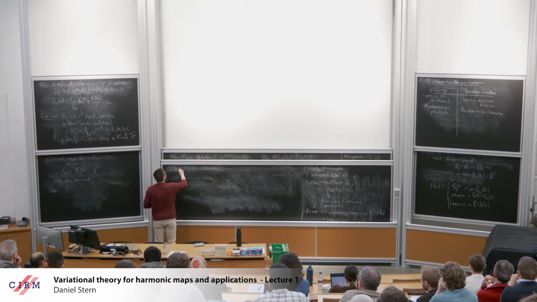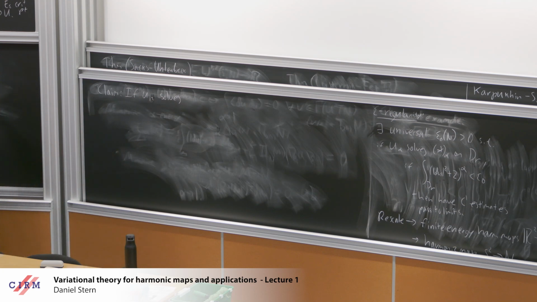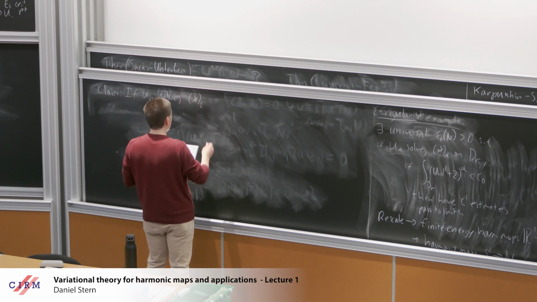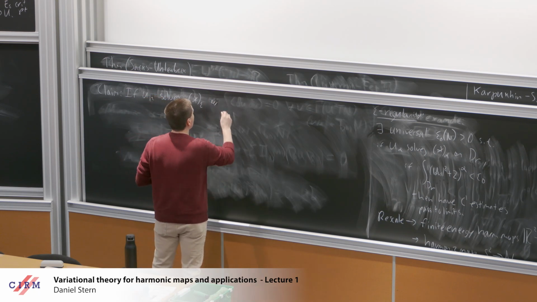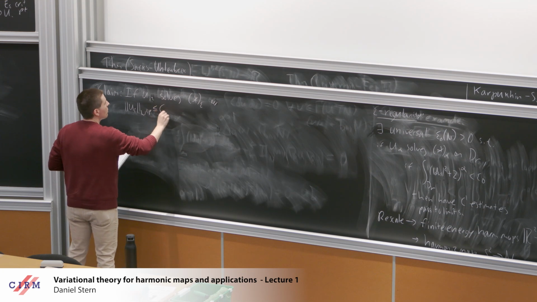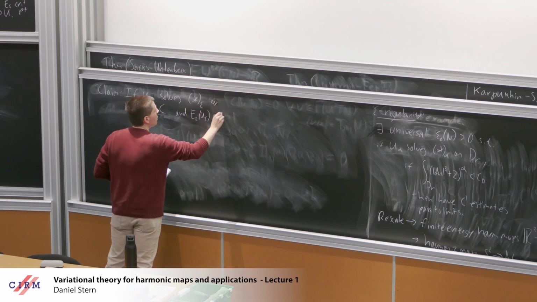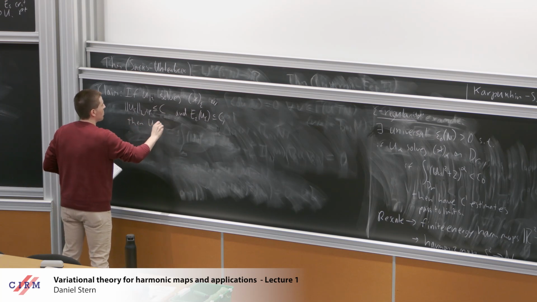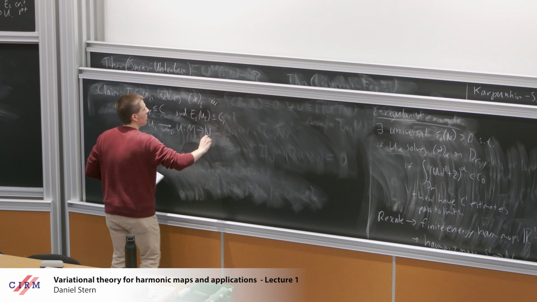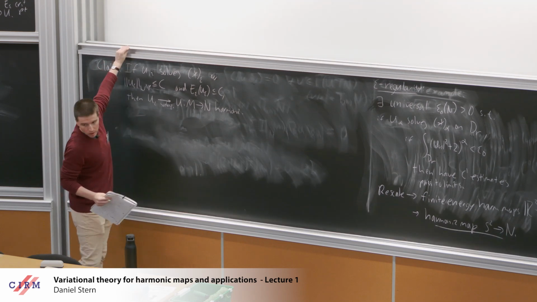If u_epsilon solves this equation, let's give it a name, star sub epsilon, and let's be really kind to ourselves and impose W^{2,p} bounds for p large, and bounded energy, then u_epsilon will converge subsequentially to a harmonic map from M to N.